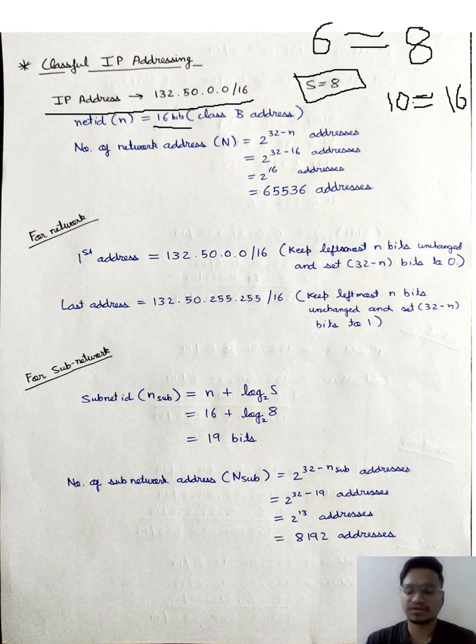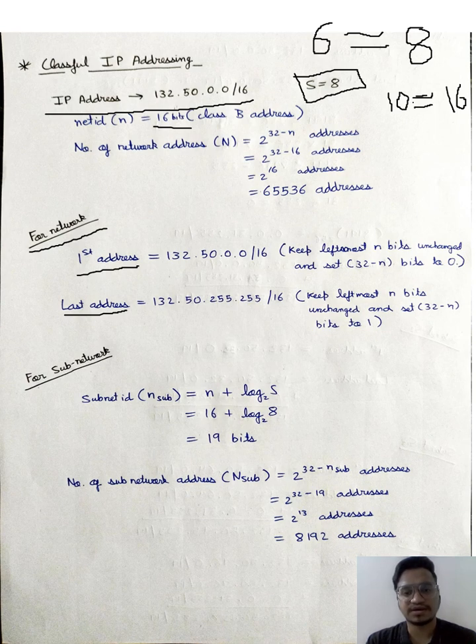The things which we need to calculate for the network are the first address and last address. The first address is calculated by keeping the left n bits unchanged and setting 32 minus n bits to 0.